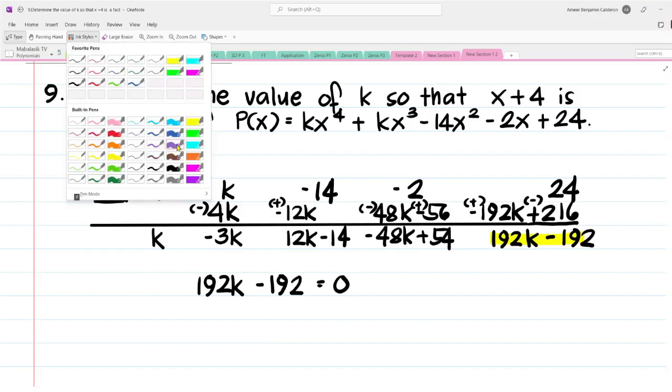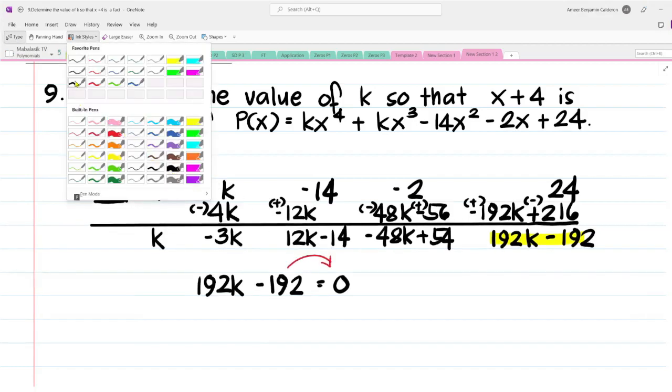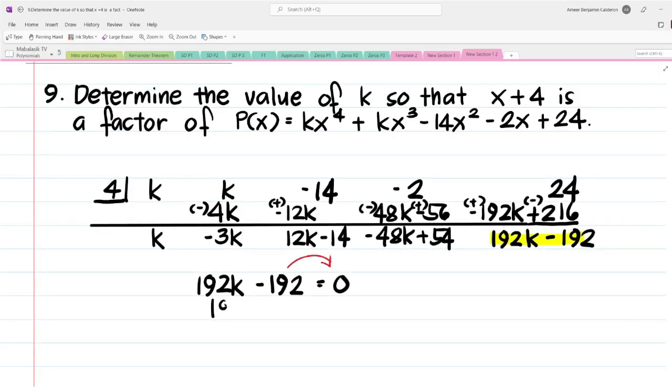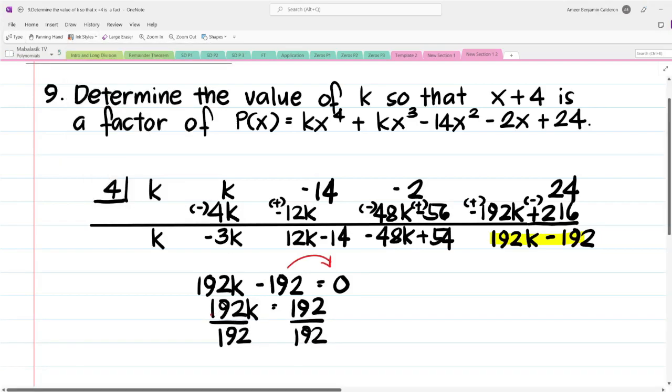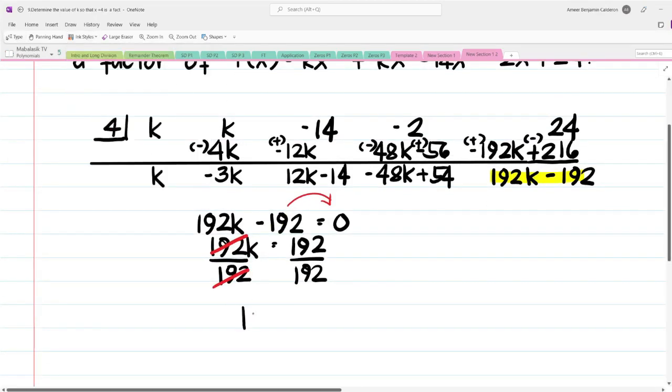So transpose negative 192 to the other side. So we will have 192k equals 192. Divide both sides by 192. So we can cancel 192 and we are left with k. Yun naman yung habol natin, di ba? So k now is equal to 1.